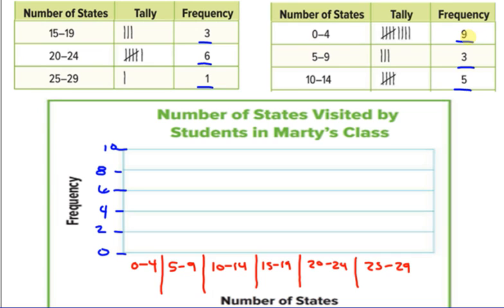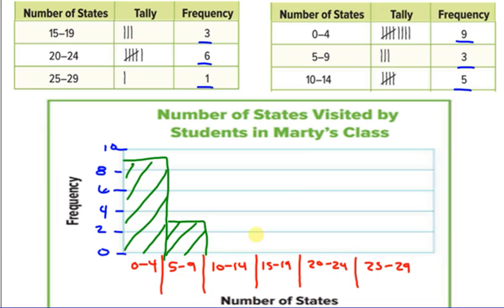So for the first one, 0 to 4, I have a frequency of 9, which is going to be between 8 and 10. Alright, for my 5 to 9, I have a frequency of 3, so that's going to be right here. For my 10 to 14, I have a frequency of 5, which is going to be in between the 4 and the 6.